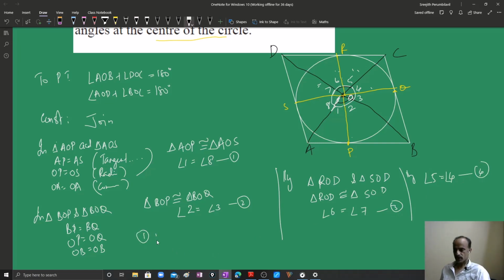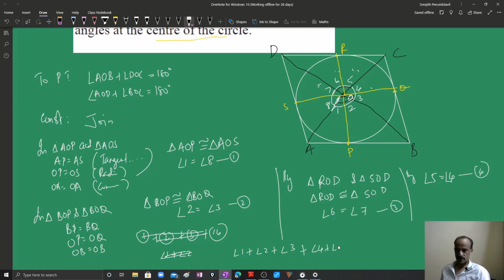What happens when you add all these angles? We have to prove that it's supplementary. I write angle 1, 2, 3 rather than A, B, C, D, because three-letter angle names will be difficult.